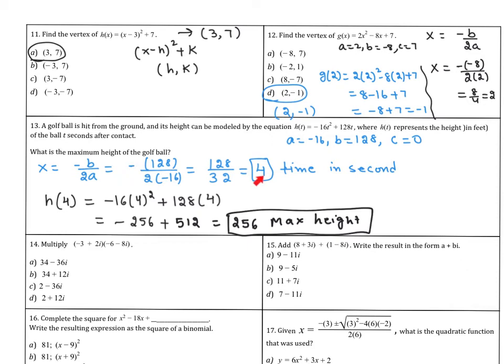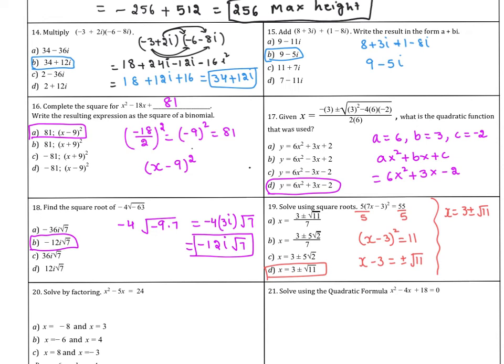So the time came out as 4 seconds. You're going to plug this value back into the equation to find the height. Once we put that in, you get negative 256 plus 512. So the maximum height came out as 256 at time 4 seconds.